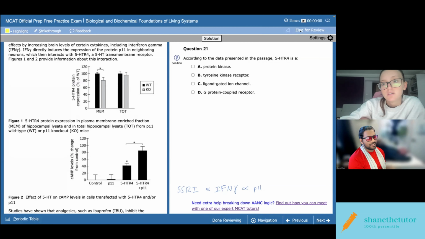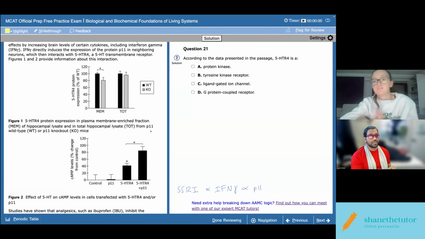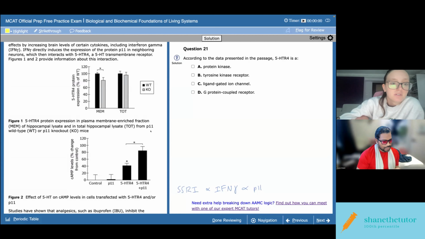This is when the passages get to be ridiculous because there's so much going on here, but that's okay, we could still do it. So why don't you evaluate figure 1?